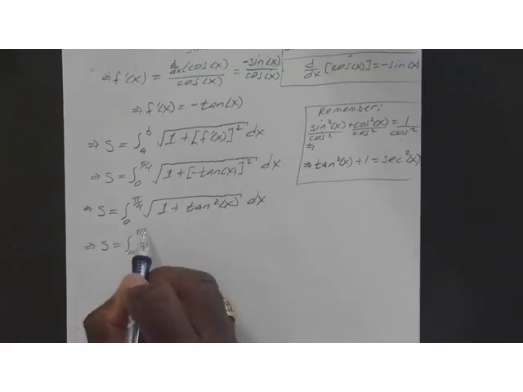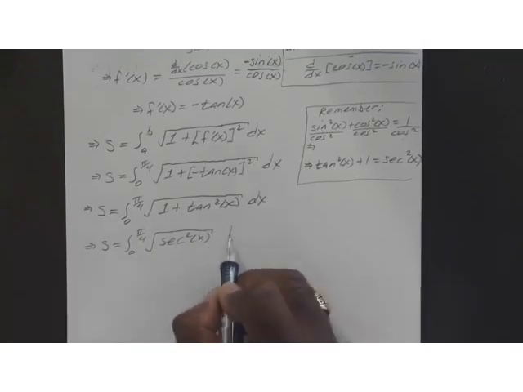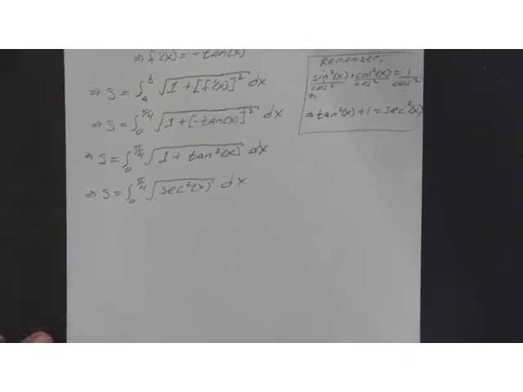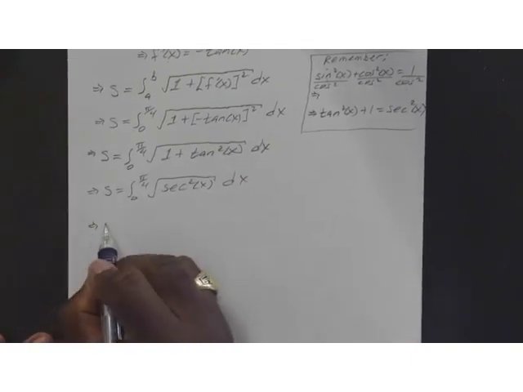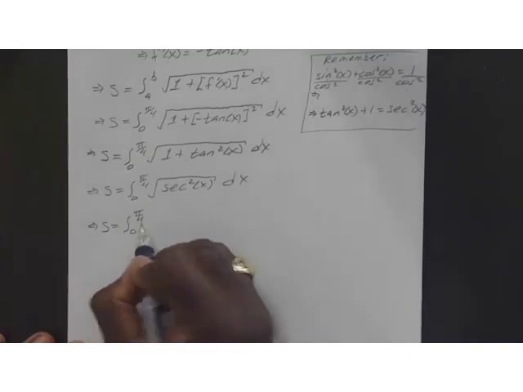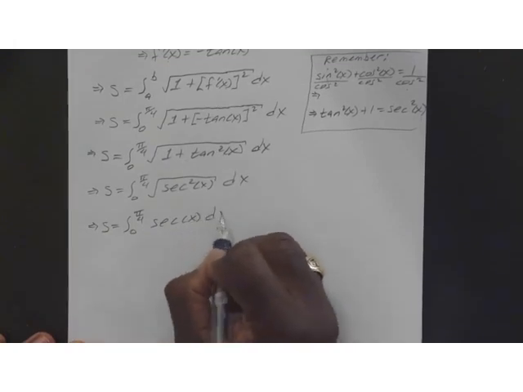So 0 to pi over 4 of the square root of secant squared of x with respect to x. Here, the square root and the square cancel each other out, so we're left with just the integral from 0 to pi over 4 of secant of x with respect to x.